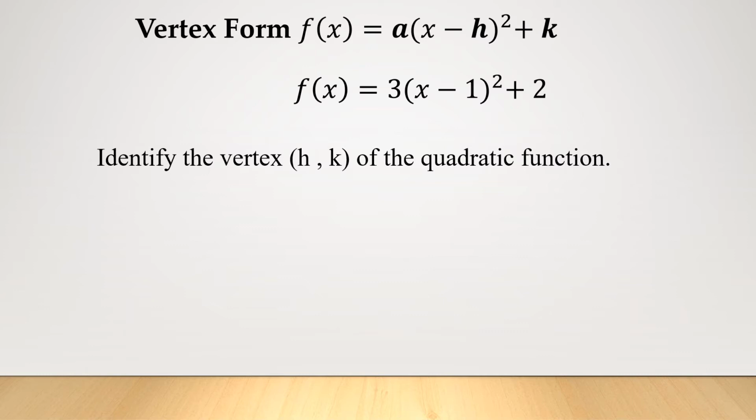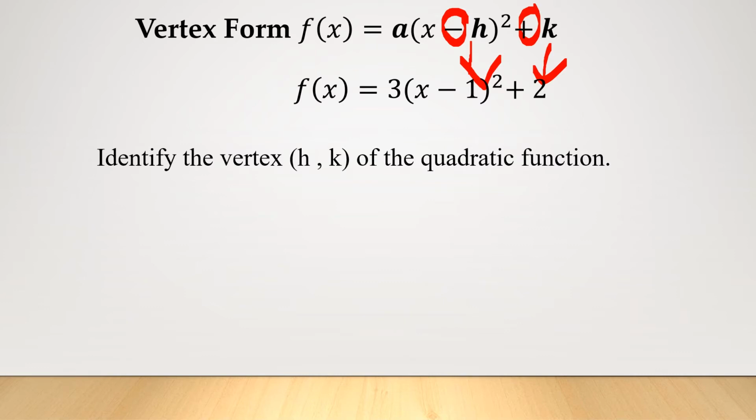If you look at the original form, h is the number inside of the parentheses, and k is the number on the outside. Notice that between the x and the h, there's a minus. And then notice that between the parentheses and the k is a plus. Those two things are very important because they determine the sign of your vertex.